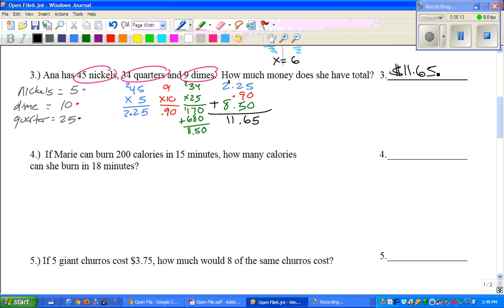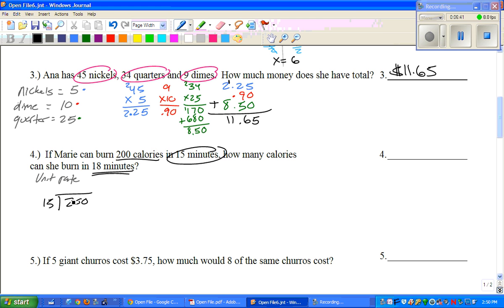Okay, so for number 4, if Marie can burn 200 calories in 15 minutes, how many calories can she burn in 18 minutes? So what we're going to find here is the unit rate. So 200 divided by 15.